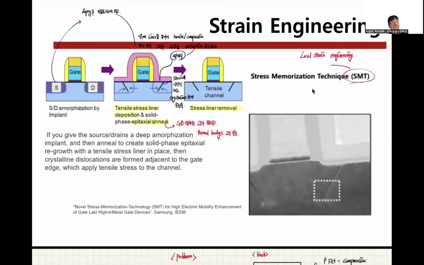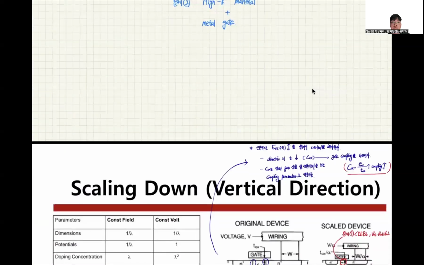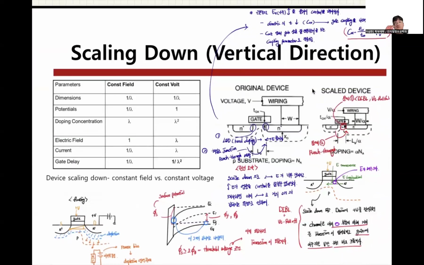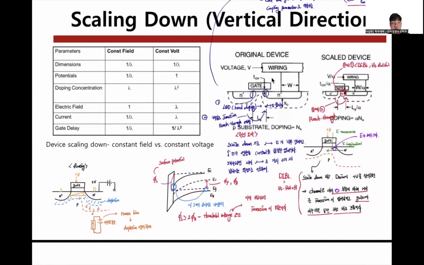But the most important thing we should consider is the thermal budget. This is the horizontal direction, and this is the vertical direction of the transistor. The transistor structure has a source, drain, and gate. The gate controls the channel.